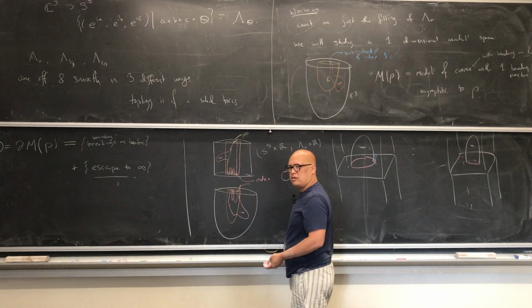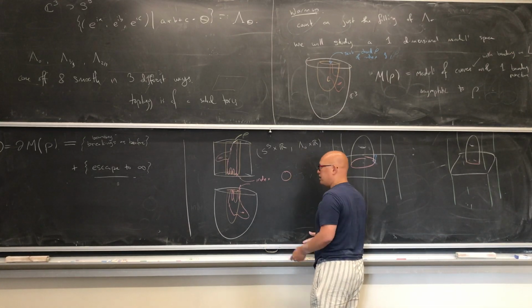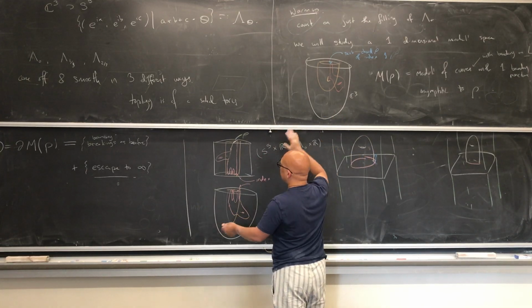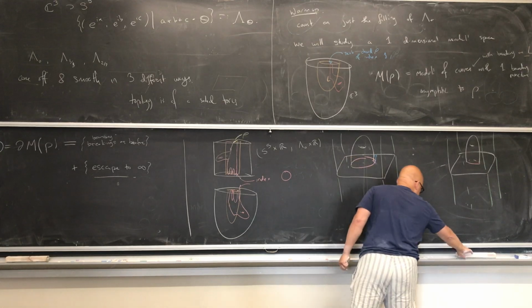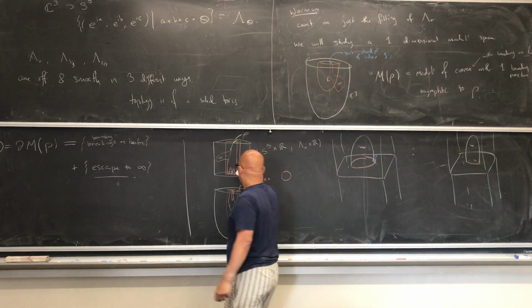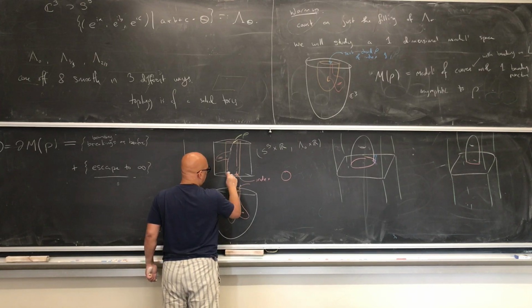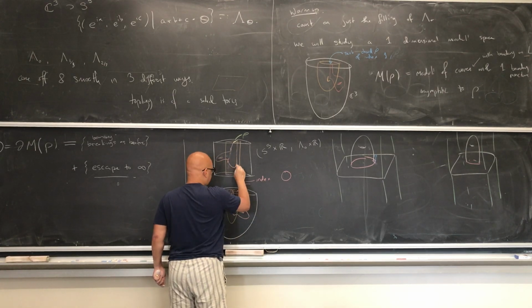Yeah. So this is the general picture. But in this specific case, there are no index 0 Reeb chords. And as a result, the boundary looks entirely like disconnected curves.